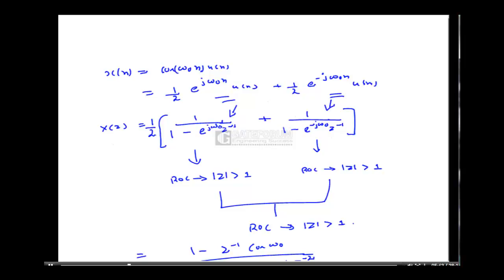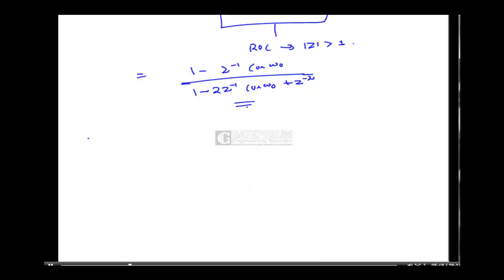Similarly, I can find the Z transform for x[n] equal to sine omega naught n u[n].